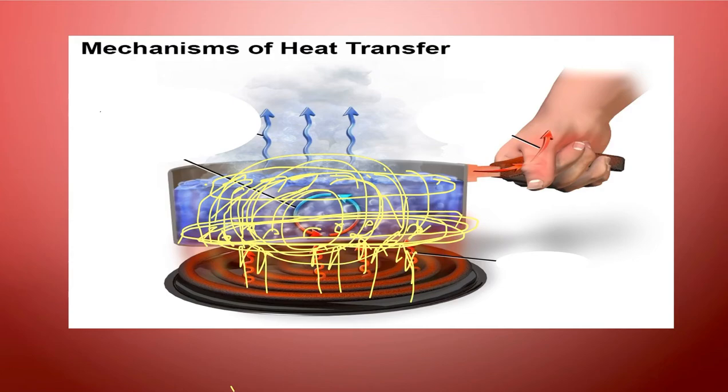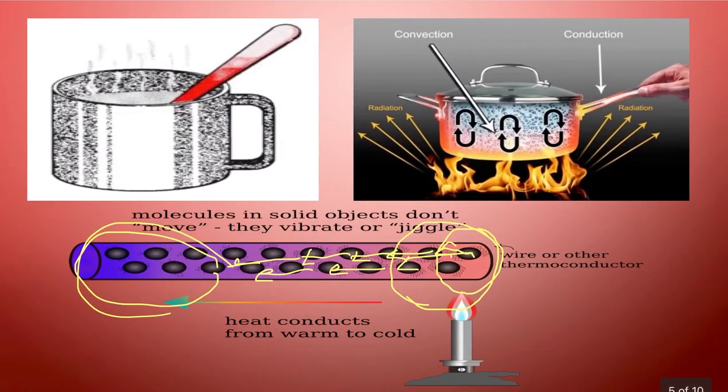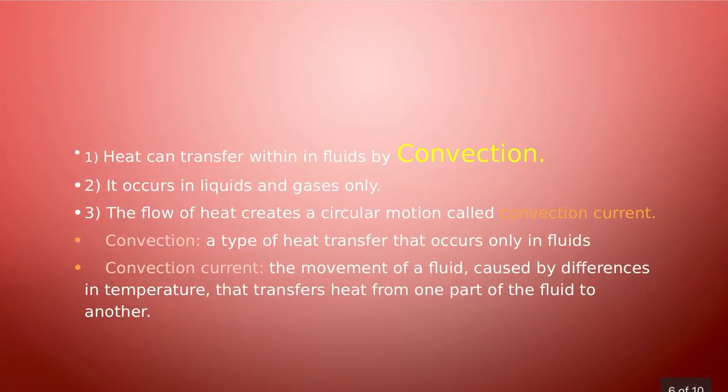This circular motion is called convection current. It's called what? Convection current. Convection current is the movement of fluid caused by differences in temperature.